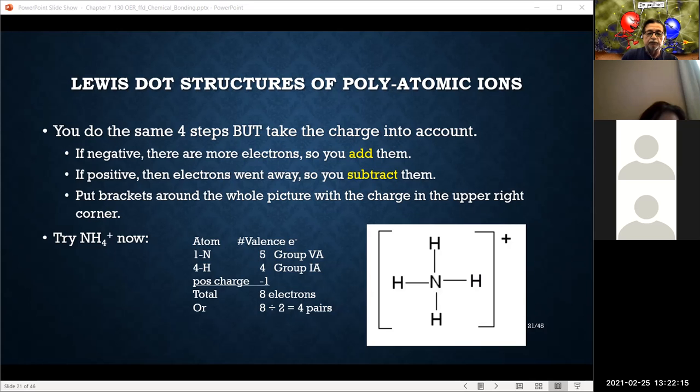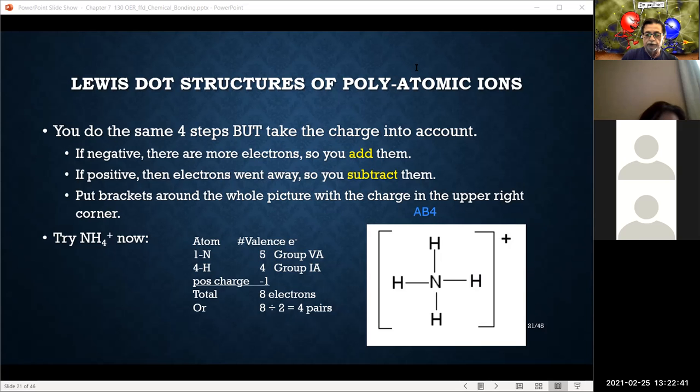Now, at this point in time, you can do the general formula like you normally do. And so we have A, capital B, subscript 4. A is the nitrogen, and hydrogens, there's 4 of them around it. So the general formula is AB4.